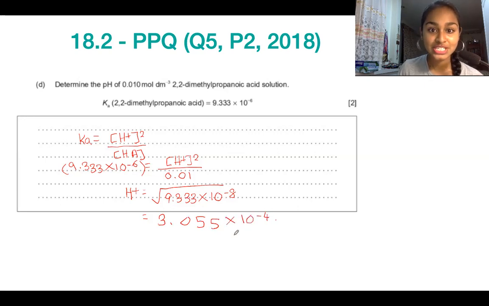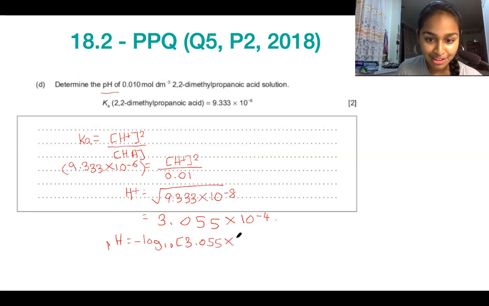But we're not done just yet because we've been asked to find the pH. So now I'm going to input this into my pH formula, which is negative log to the base 10 of 3.055 times 10 to the minus 4.